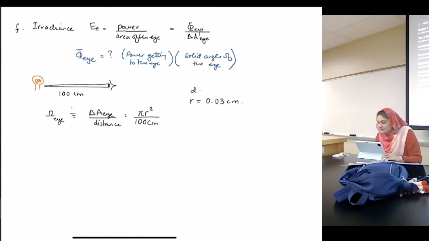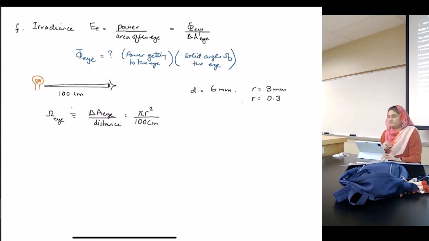Because the d that was given was 6 millimeters, right? And then that means r will be 3 millimeters. So then r will be 0.3 centimeters. So if I plug that into here, what will I get?